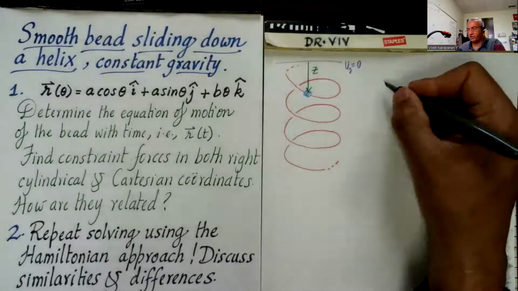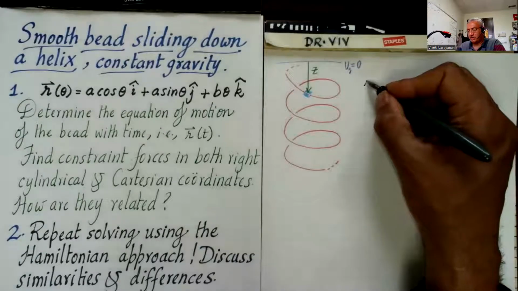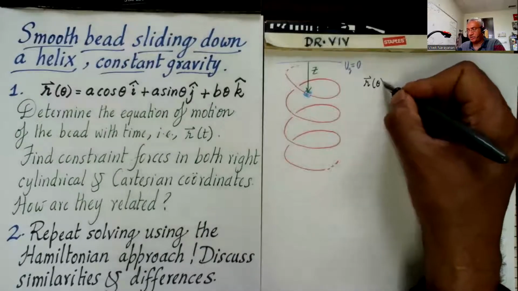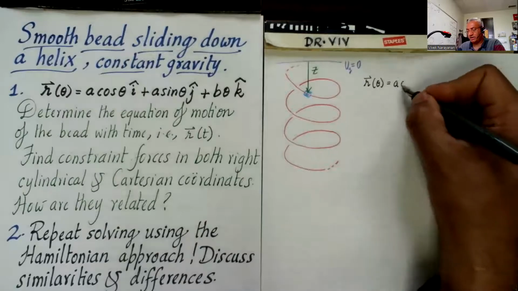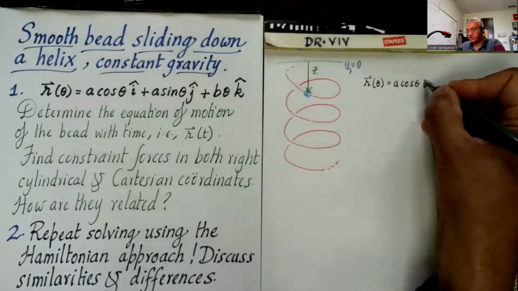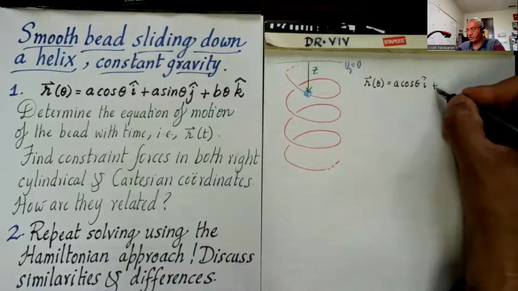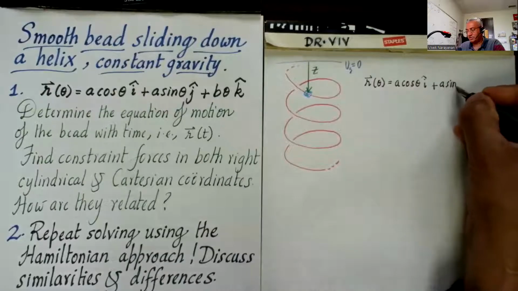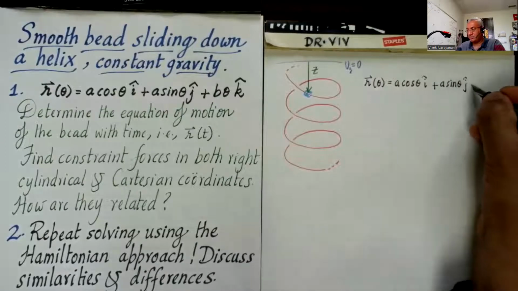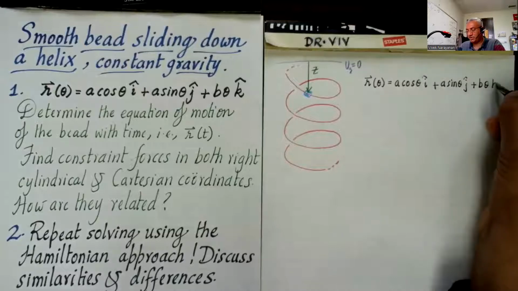Our equations are as follows. r of θ is a cos θ î + a sin θ ĵ + bθ k̂. That's the equation of the helix.